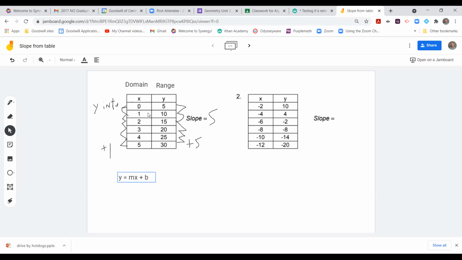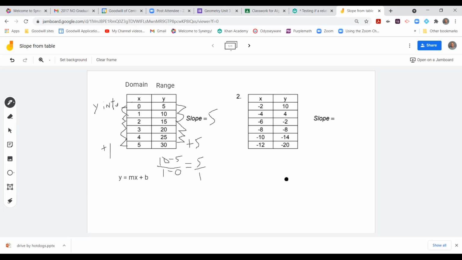So the easy one would be to take the first 2. Change in y, 10 minus 5 in the y column, and 1 minus 0 in the x column. I still get 5 over 1. Kind of confirms that it's a positive slope of 5.